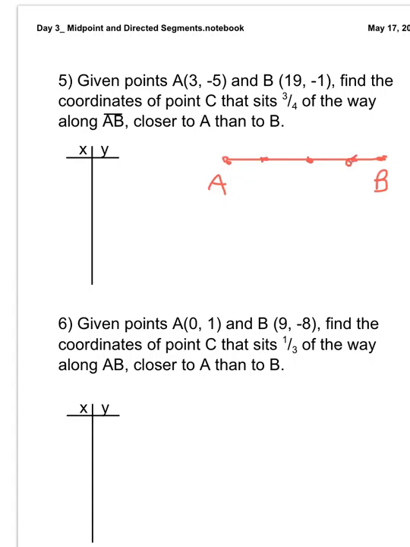Point C sits 3/4 of the way along AB, but it's closer to A than B. That means that it's going to be right there. That'll be point C. It's 1, 2, 3 out of 4 pieces, but closer to A. So I'm going to mark that as C. First thing I'm going to do now is set myself up with a table, and I'm going to start with the very first ordered pair, 3, negative 5.